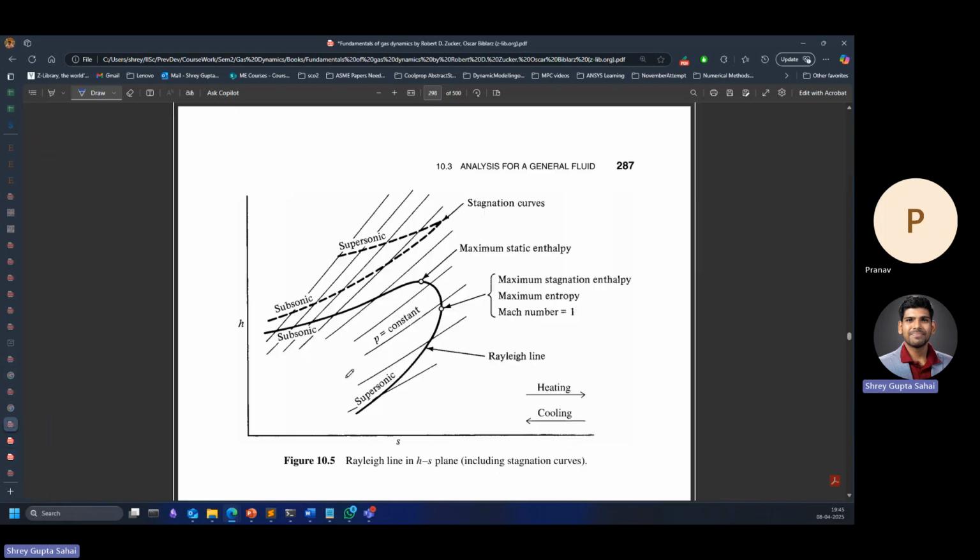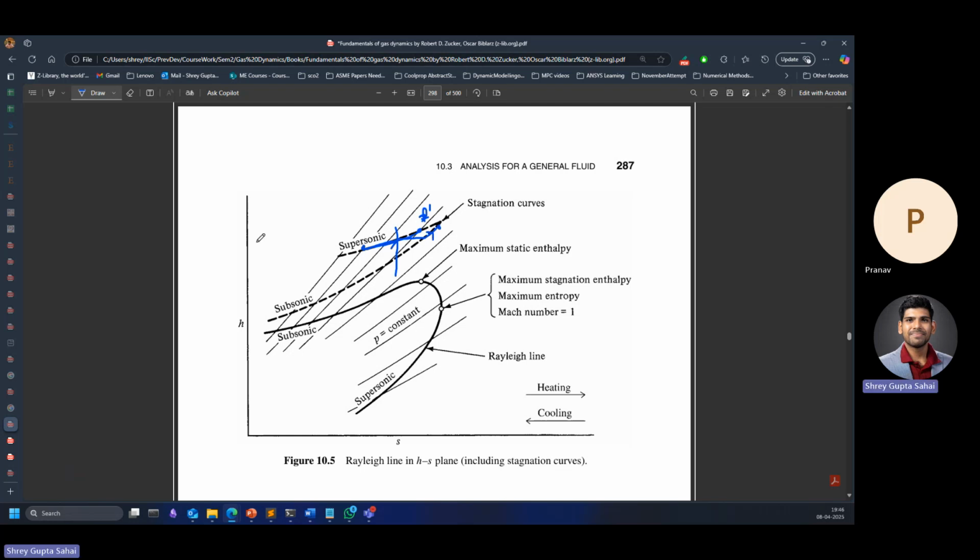By any other logic. Here, if suppose this is our inlet condition, there can be two things that can happen. It can go to a subsonic value, the final one, or it could go somewhere midway. Then across the normal shock, total enthalpy remains constant, and then again heated.